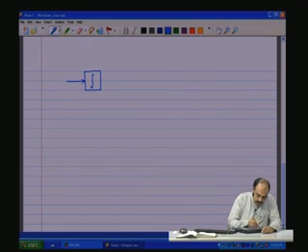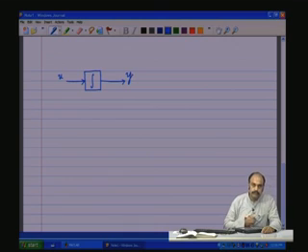There is an input and there is an output, and let us call the input u and the output y. Now, to represent this system in the pole-zero domain, we have to convert it into variables which are functions of S rather than functions of time.